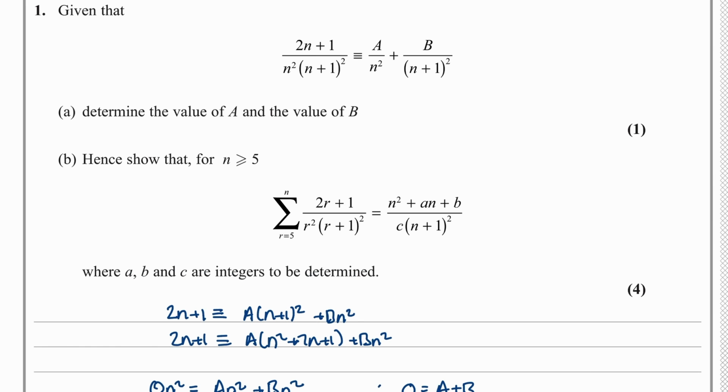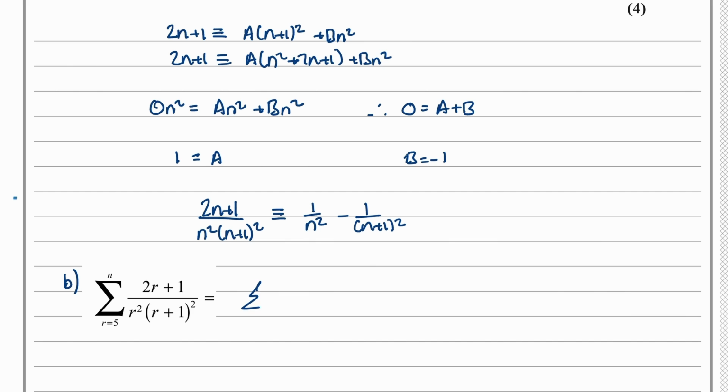Now we can see that the n has been replaced with the r. You can see this on the denominator as well. So we can rewrite this using these fractions. This summation we could write as the summation between r equals 5 to n of 1 over r squared minus 1 over r plus 1 squared.